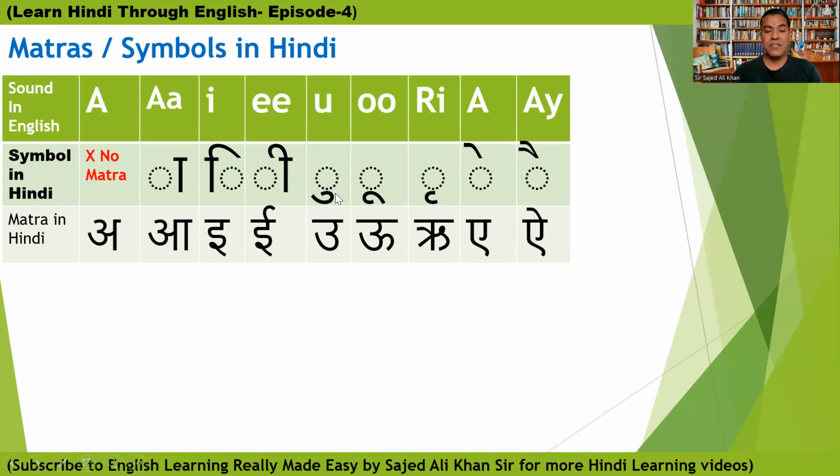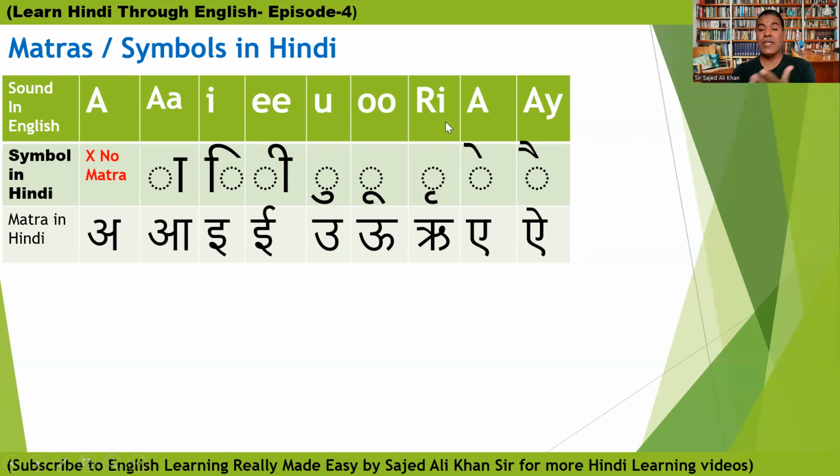Then next, this is the symbol of u. Then this is opposite to this u, and it is also giving a longer sound, oo. This is u and this is oo. Then this is the symbol of ri.